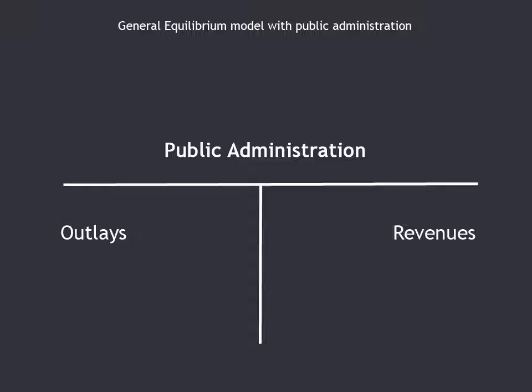And of course, it may also have an impact on interest rates. We will not consider this last case in this lesson, and so we will suppose that there is a budget balance. We will see the impact of disequilibrium between public administration's revenues and outlays in another lesson.